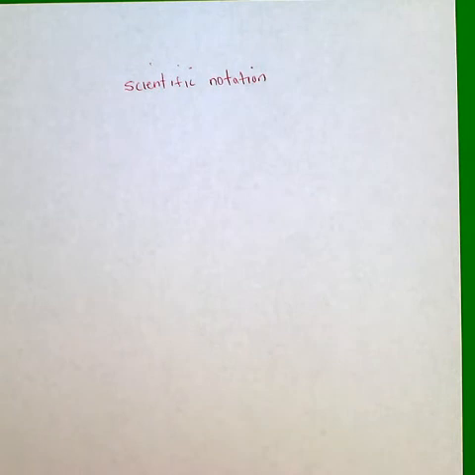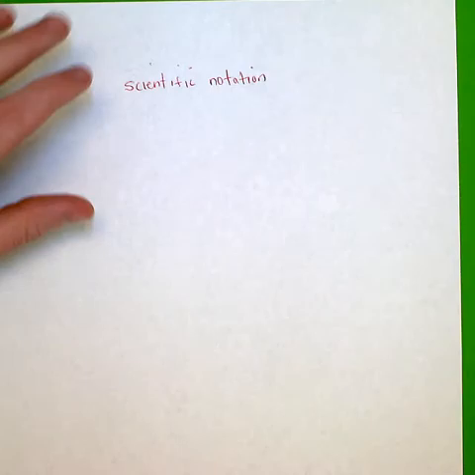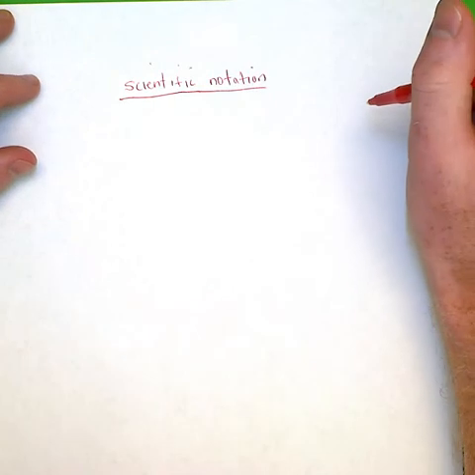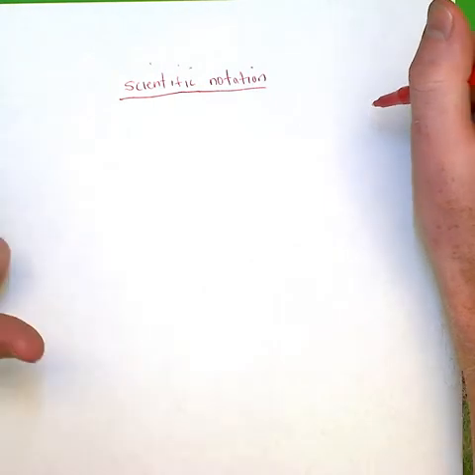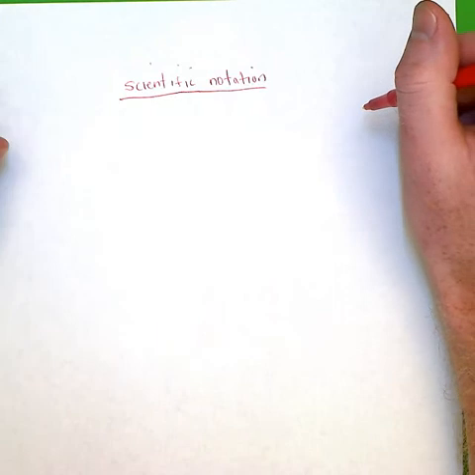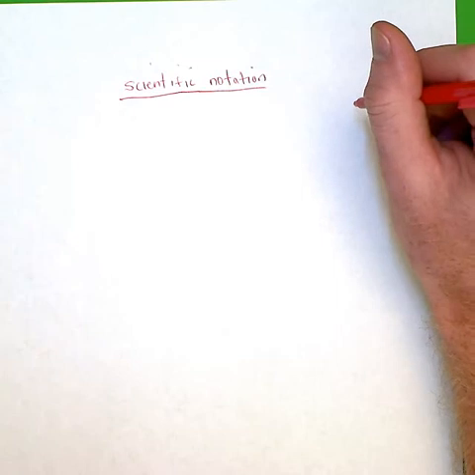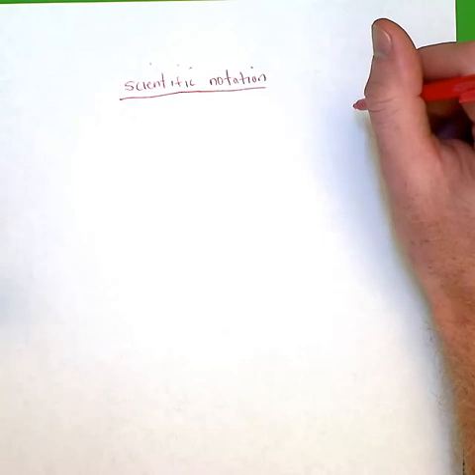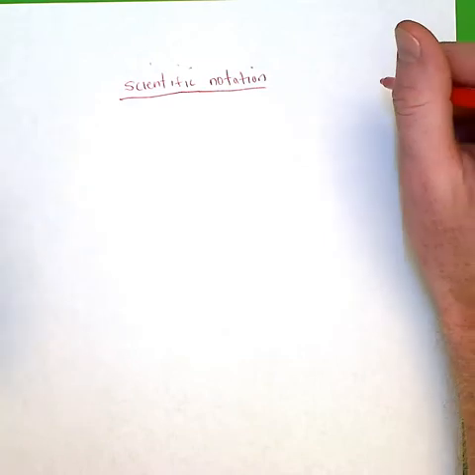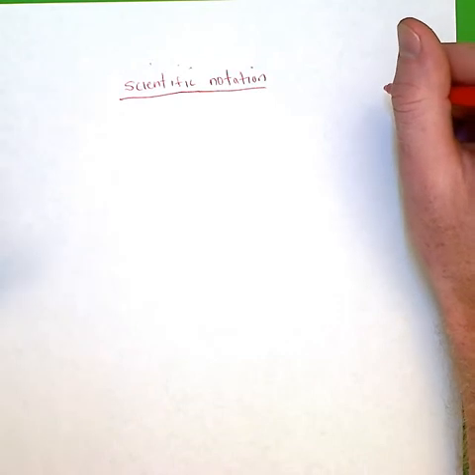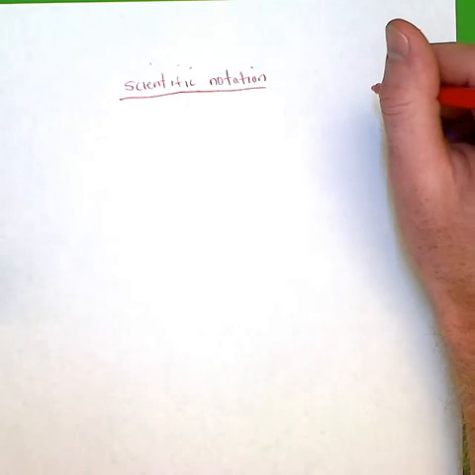Keep in mind that scientific notation is a way of expressing numbers that are usually very large or very small. You can use scientific notation to express any number, but the purpose of it is to express large or small numbers. Now, scientific notation has a very specific format, and if you recognize that format and how it should look, then it's very easy to do your conversions.